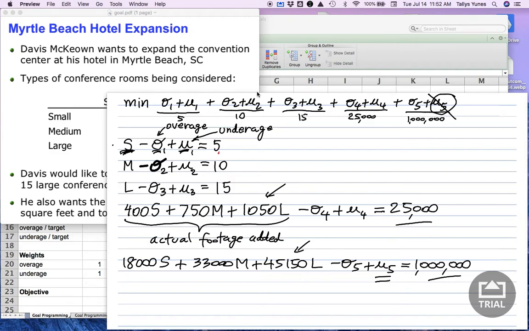Second and final comment before the Excel model, it is also possible to prioritize these deviations or give them weights. For example, in speaking with this person, they could say, you know what, to me, meeting the total area target, the 25,000, is twice as important as anything else.